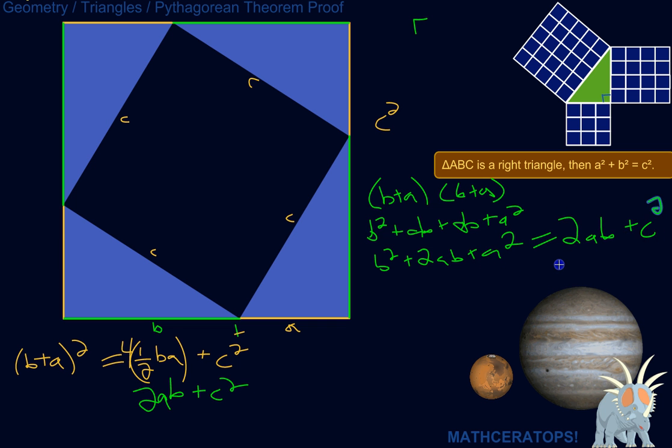Now subtract 2ab from both sides of the equation. 2ab minus 2ab, 2ab is gone, so all we have left is b squared plus a squared, but I'm going to write it in a different order, a squared plus b squared, because it doesn't matter the order in which you add things, equals, all that's left there is c squared.